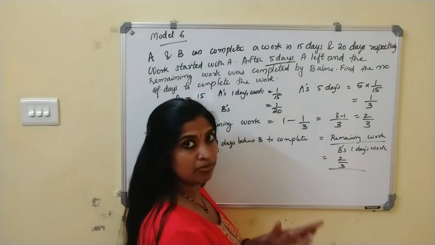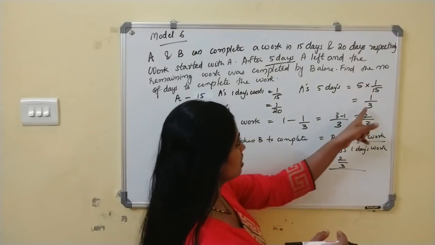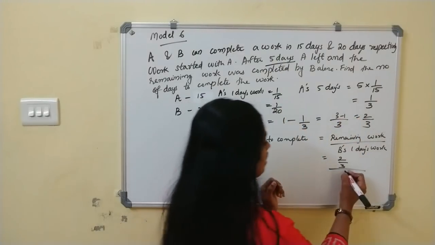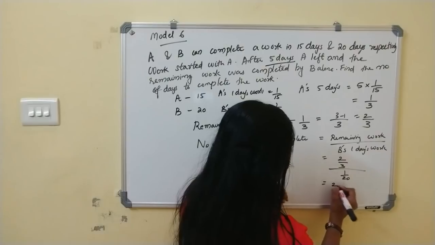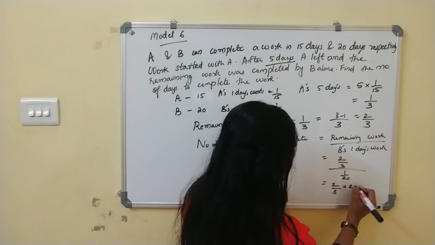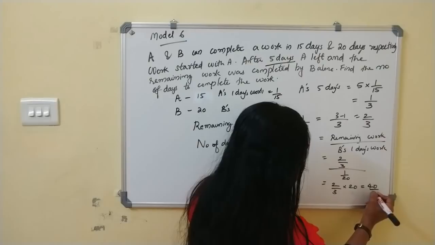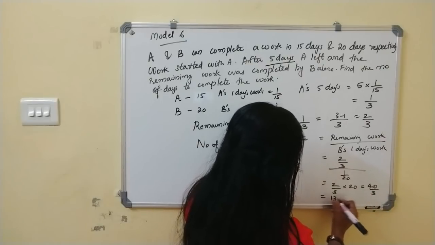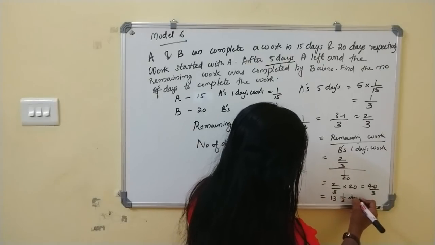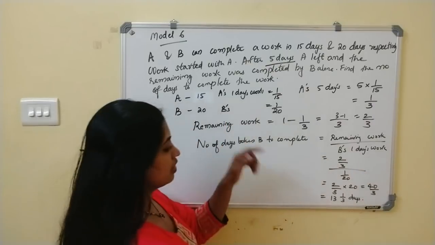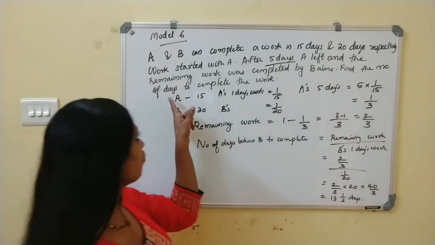Work by time taken by B to complete the work, which is 1 by 20, which is equal to 2 by 3 into reciprocal. So 40 by 3, that is 13 1 by 3 days.